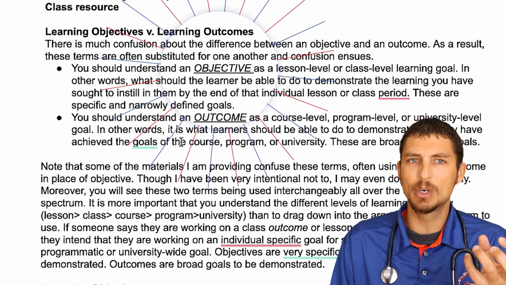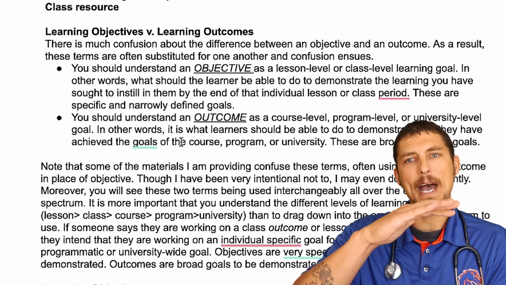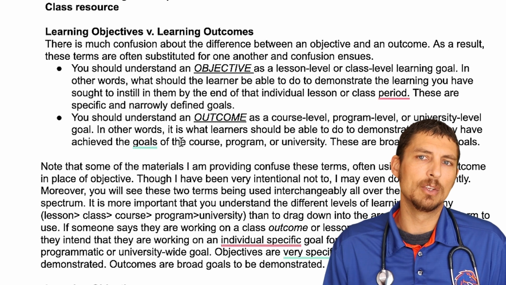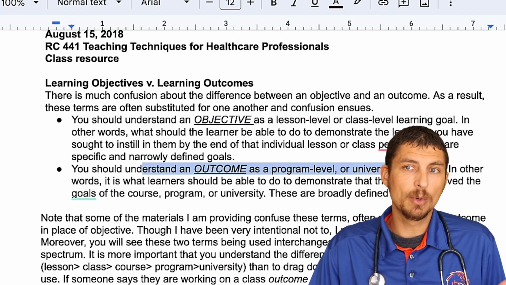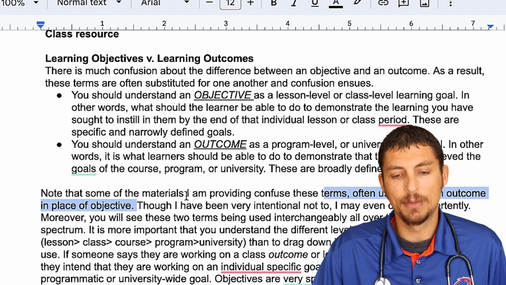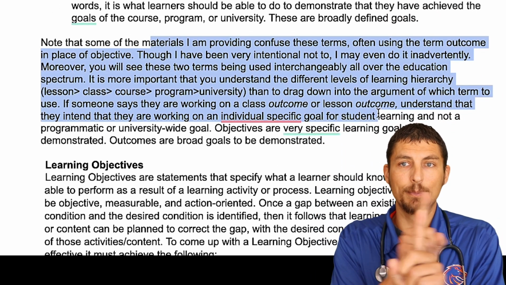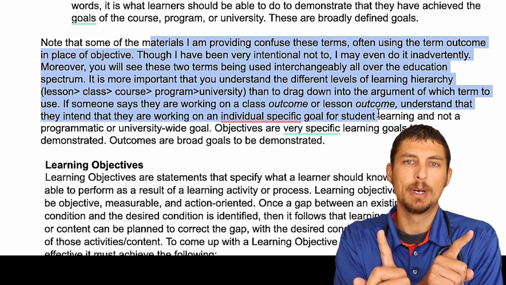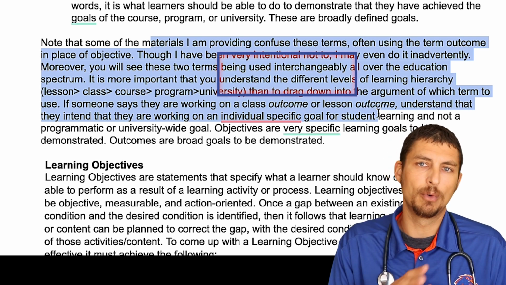Remember, the objectives are going to be at that course level, and then they fall under the category of what an institutional outcome would be. Let's take a closer look. So I also want to throw in this caveat that it's oftentimes confused, that sometimes other sources are going to basically switch these two phrases around, and they're going to call an outcome an objective or an objective an outcome.